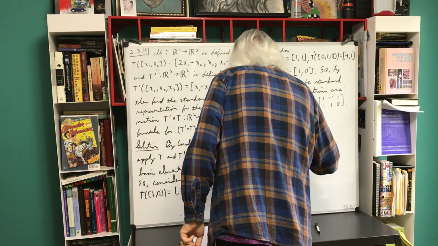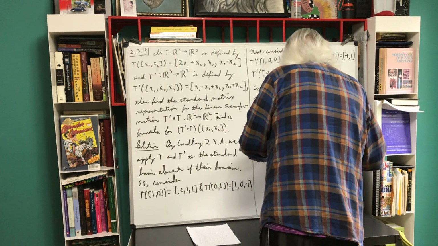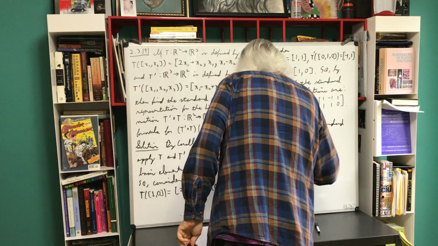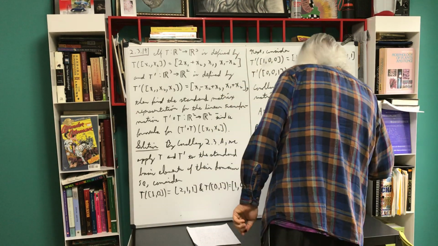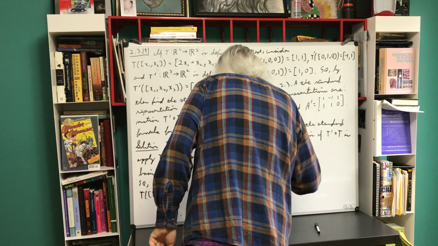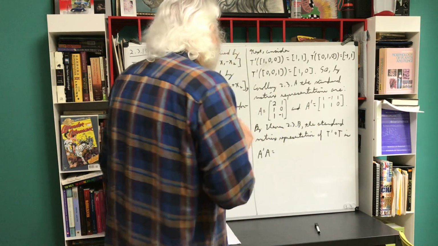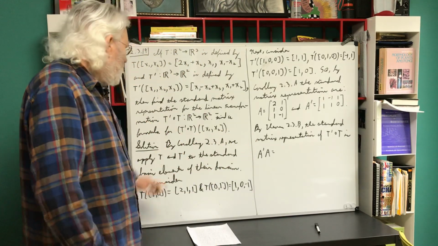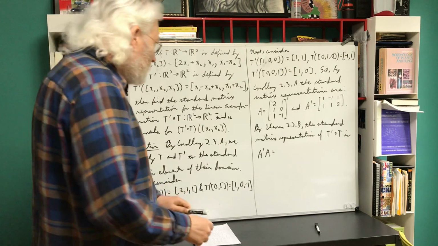By theorem 2.3.b, the standard matrix representation of the composition T prime composed with T is the product in the same order, matrix A prime times matrix A. And by the way, we're getting a standard matrix representation of a mapping from R2 to R2, so we better have a 2 by 2 matrix when we're done.